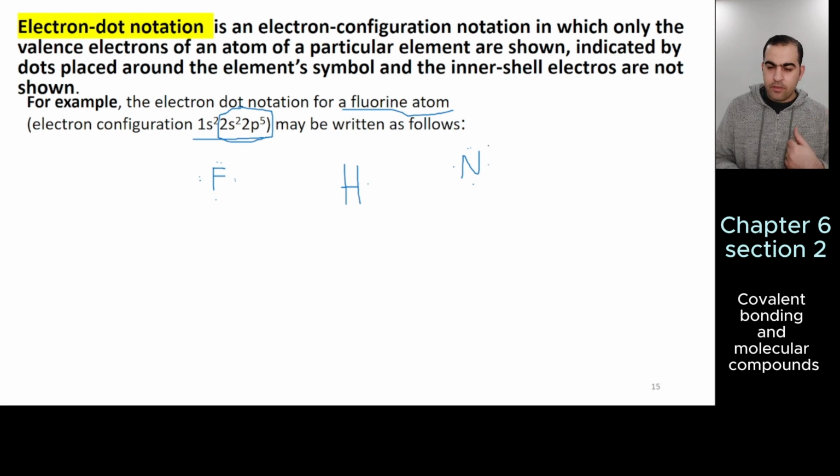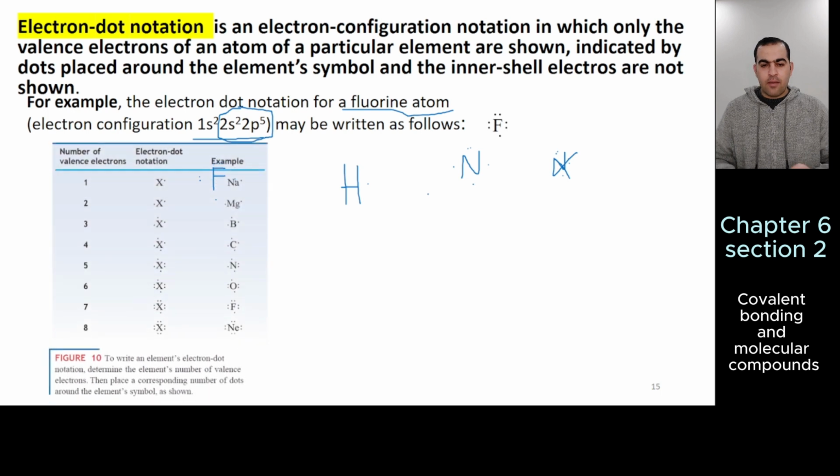It's up to you where you want to put it. But you can't put nitrogen like 1, 2, 3, 4, 5 on one side. That's wrong, because you must give each side, right, left, top, and bottom, 1 electron before giving any side 2.